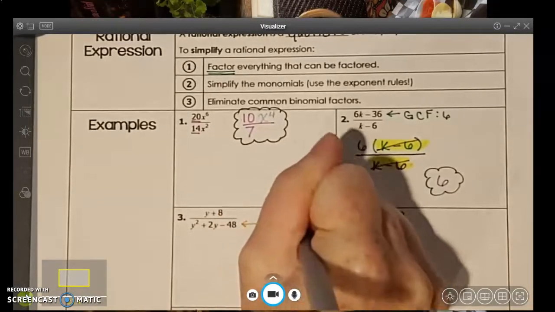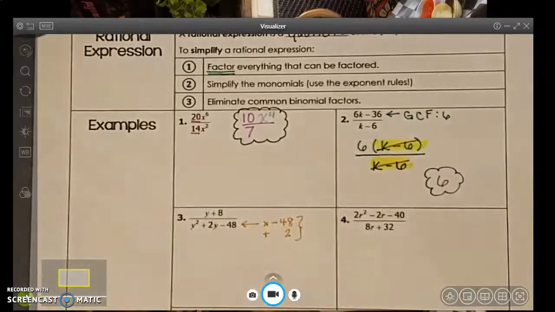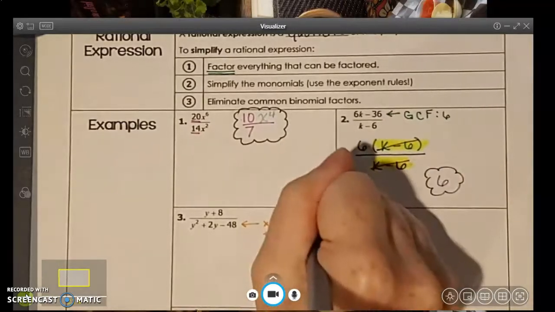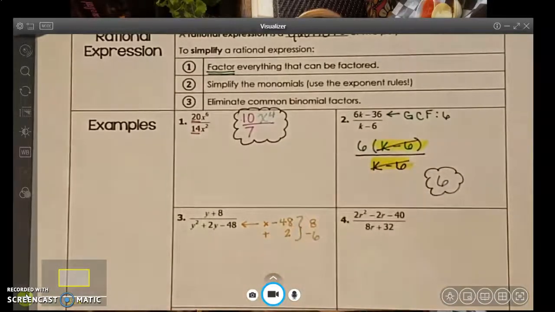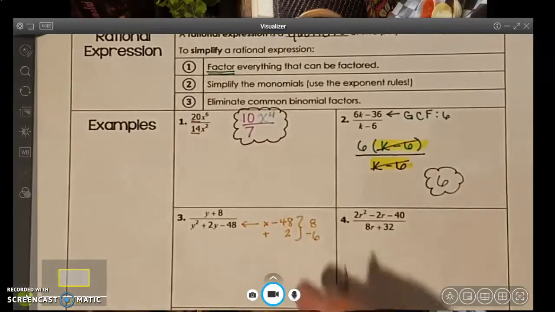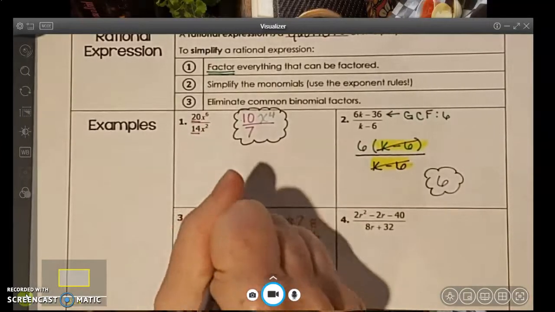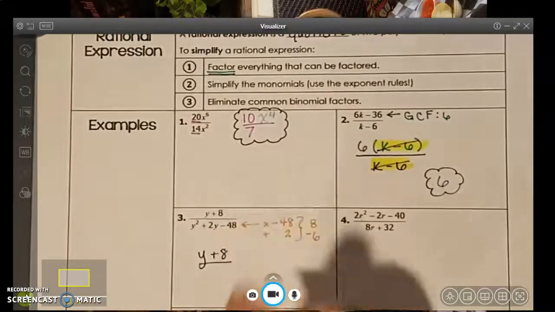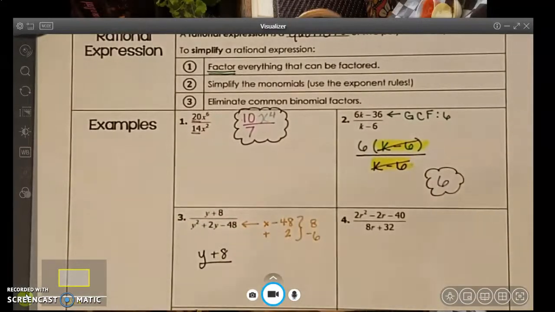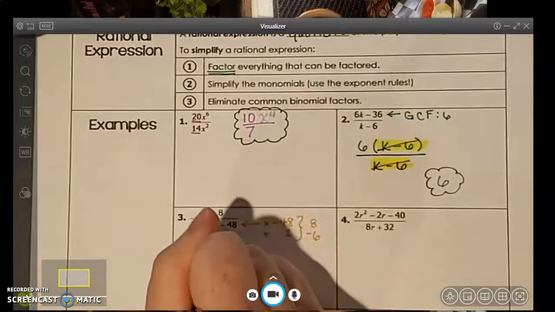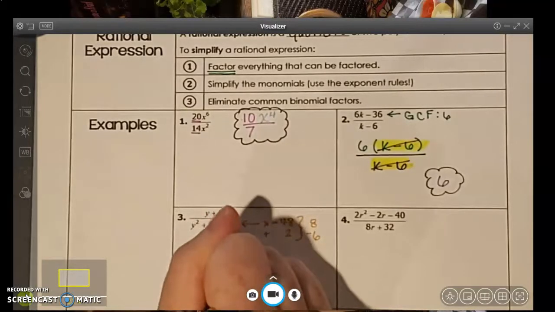This is where factoring becomes important. That's positive 8 and negative 6. So in the numerator, we have y plus 8, and there was nothing to factor there, but in the denominator, we have y plus 8 and y minus 6.